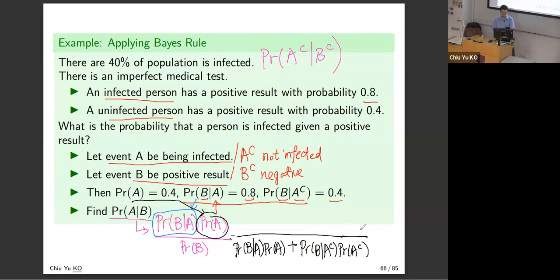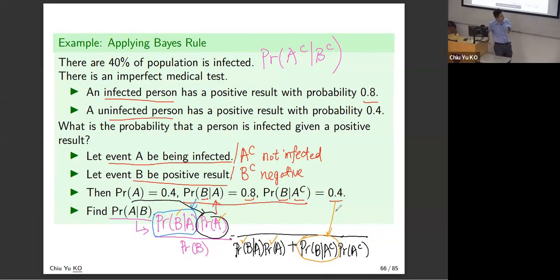The first part we know how to calculate already, because it is exactly from here. And this one is 0.4, we know how to calculate that.